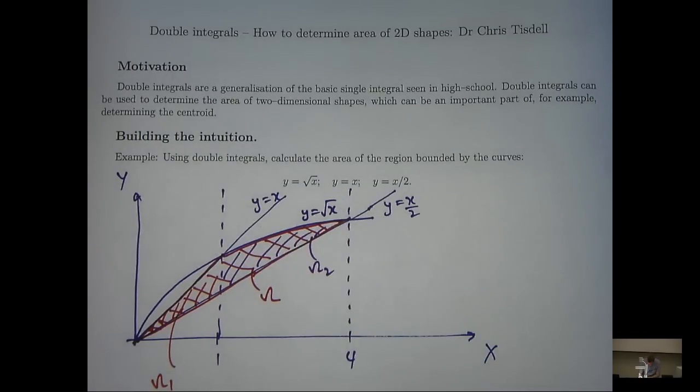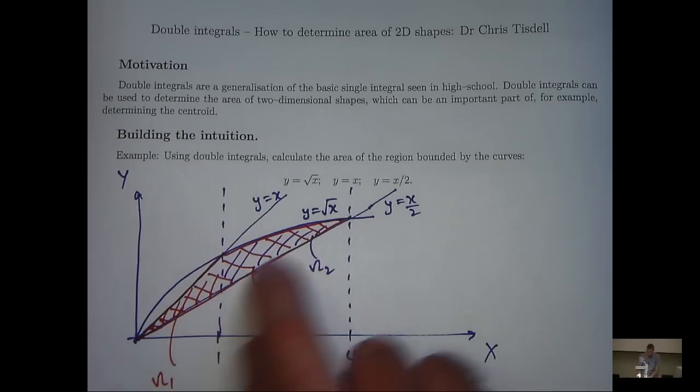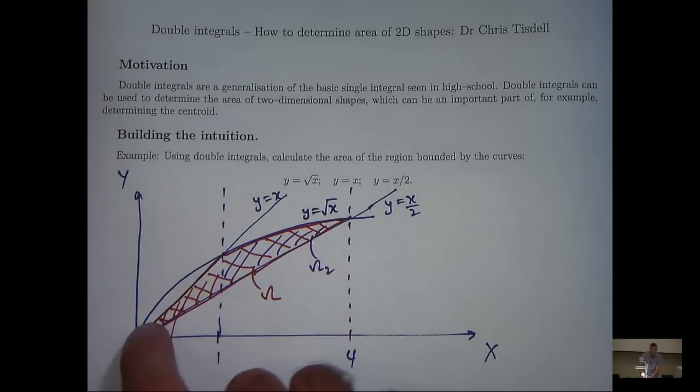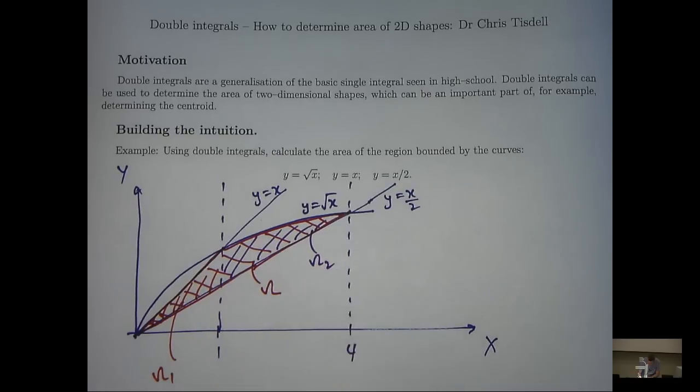So to calculate the area of the whole omega, I'm going to calculate the area of omega 1 and omega 2 and add the two areas together.